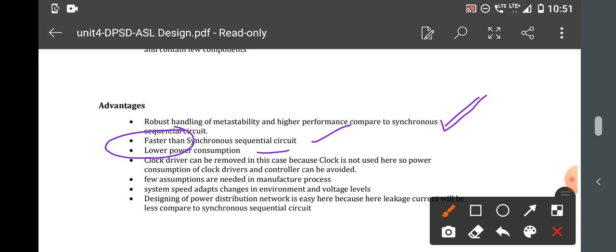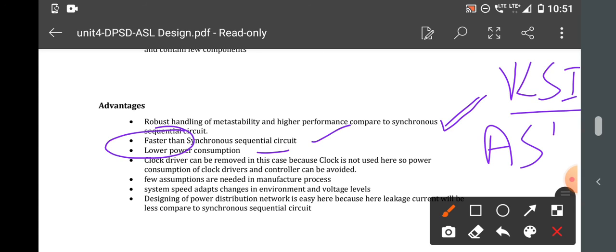Under these two, almost all your VLSI chips are functioning under the ASL design format, because you need lower power consumption and fewer circuits involved, which will produce faster speed in the processor.